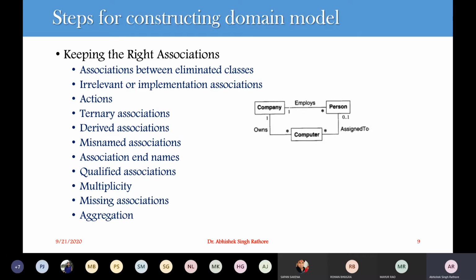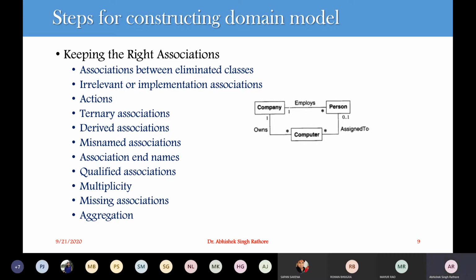Then we have aggregation. Aggregation is an important and special kind of association that is available.